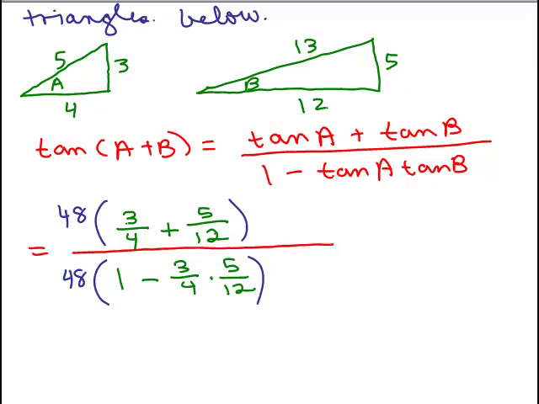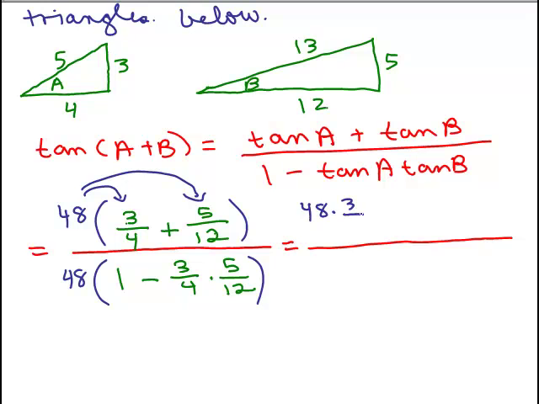48. So let's see, I'm going to do a little space here so we could see this step. So I'm going to do 48 times 3/4, and then 48 times 5/12, and then same thing down here. I've got to multiply 48 by each term. So it's going to be 48 times 3/4 plus 48 times 5/12.